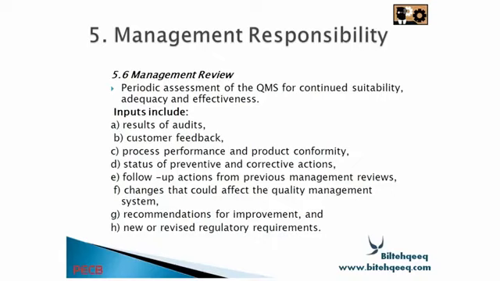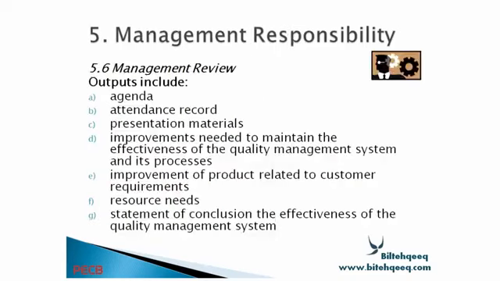You have to discuss each element starting from A and ending at H. You can also discuss other things during the management review meeting, but it is compulsory that you discuss each element from A to H. Management review output includes agenda, attendance record, presentation material, improvement needed to maintain the effectiveness of the quality management system and its processes, improvement of the product related to customer requirements, resource needs, and a statement of conclusion on the effectiveness of the quality management system.